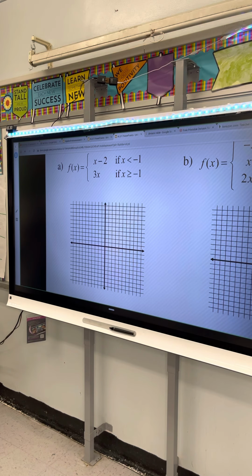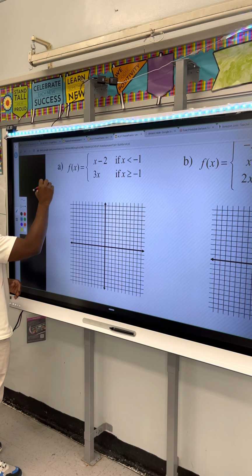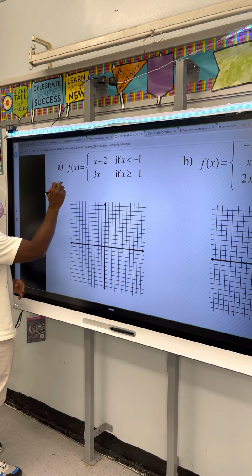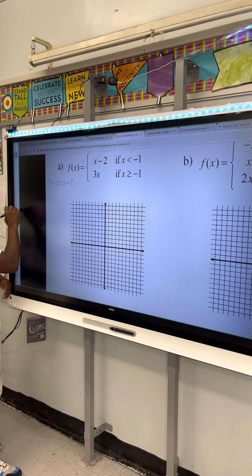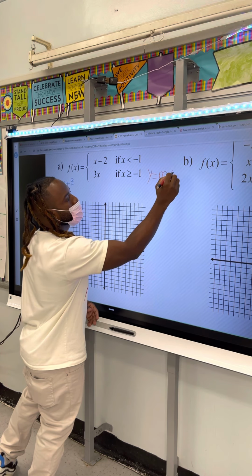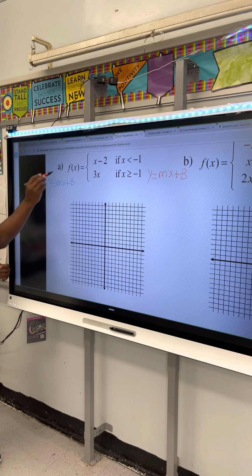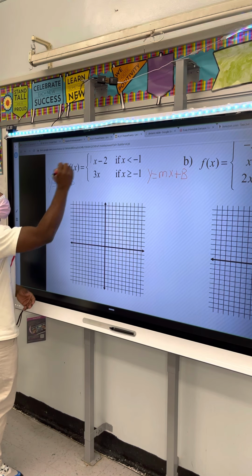All right. So, what I'm going to do here, I'm going to do for y equals mx plus b. And here, I'm going to put in orange, y equals mx plus b. Now for x minus 2, when you see an x here and there's no number, aka coefficient, it is always a 1.